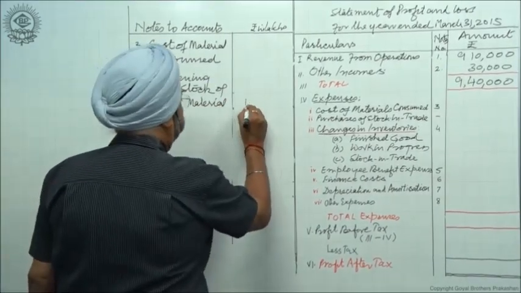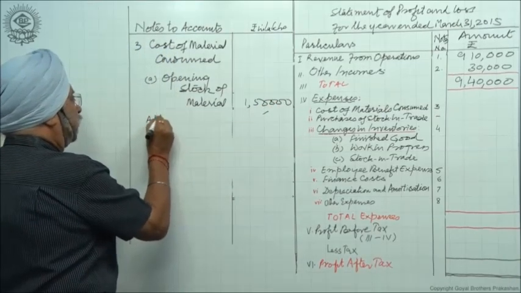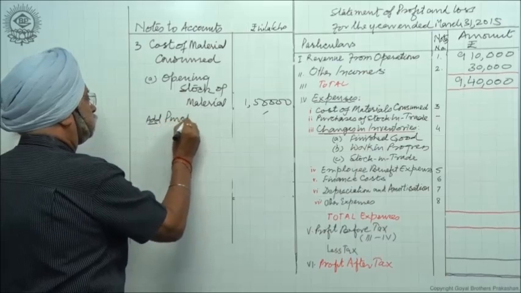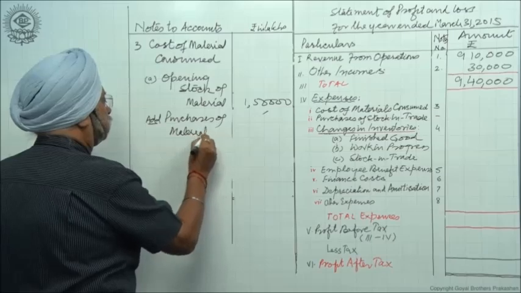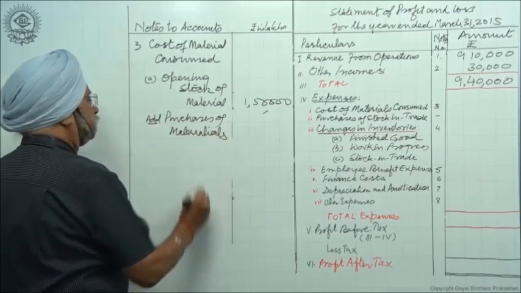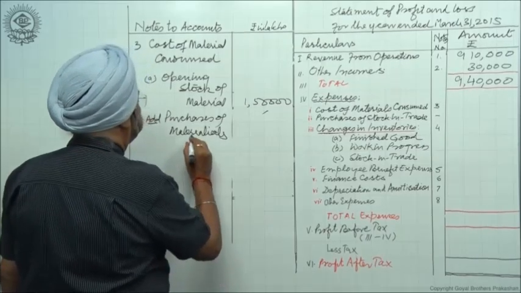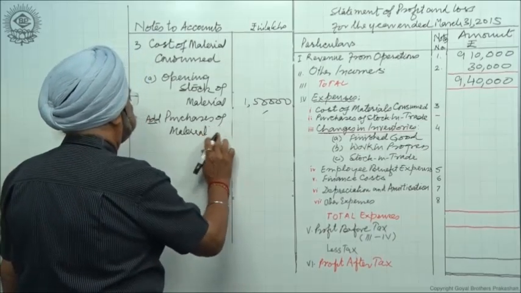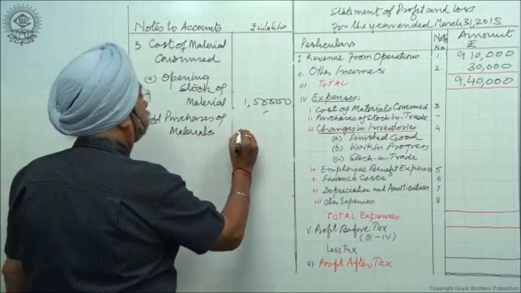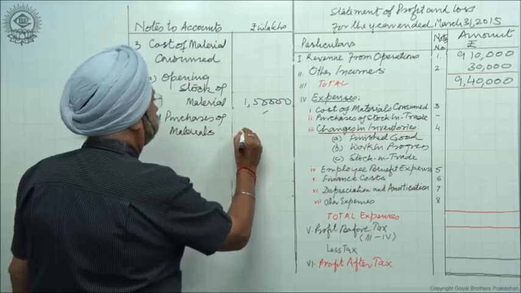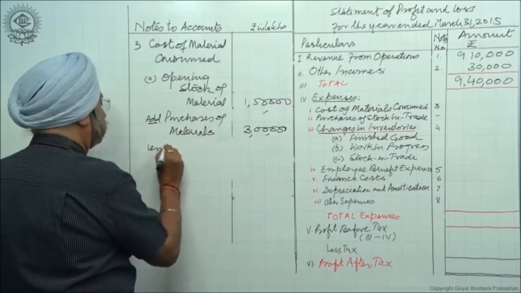Say it is 1,50,000. B, add purchases of materials. They are 3 lakhs, less closing stock.